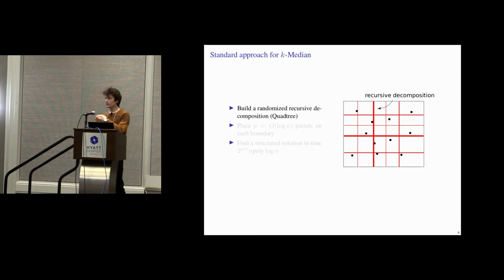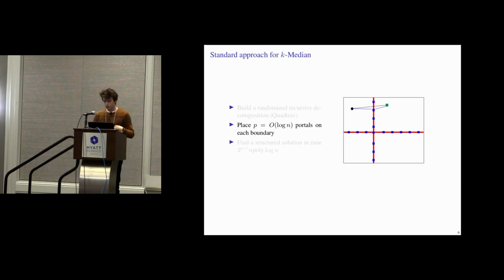So we simply split the input into 4 boxes and do that recursively. And we say that at the first level of the recursion, the lines we draw to divide the input have length, say, 1, and at the second level they have length half, etc.